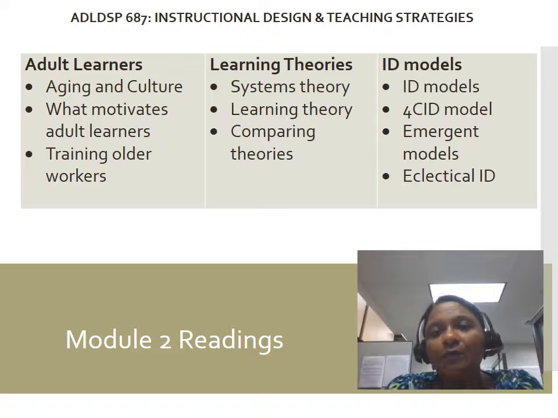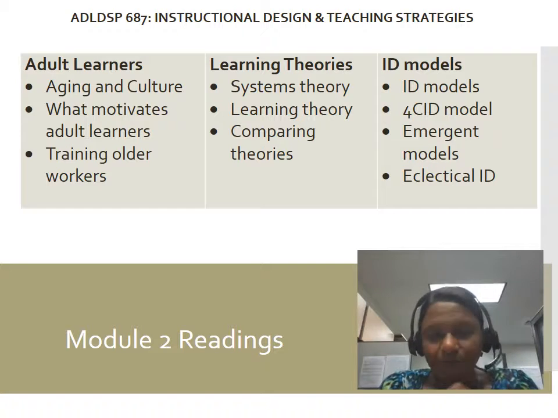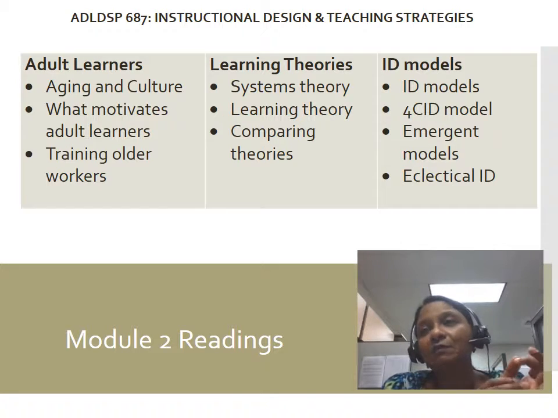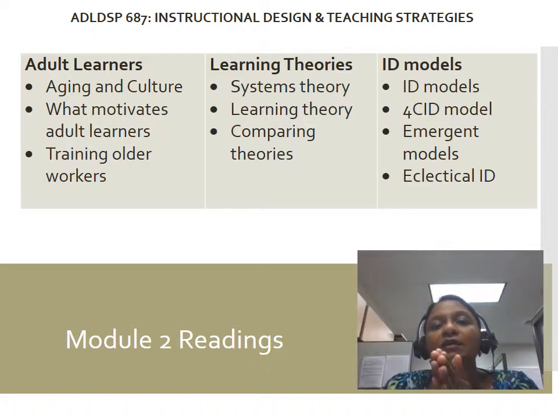And finally, we come to ID models or instructional design models. There are, again, as many ID models as there are learning theories. People are always trying something new. So the first reading, ID models, is a very short, simple overview of the different ID models that are out there.